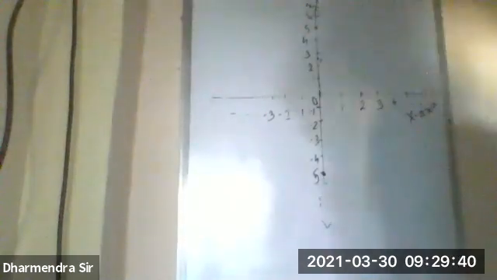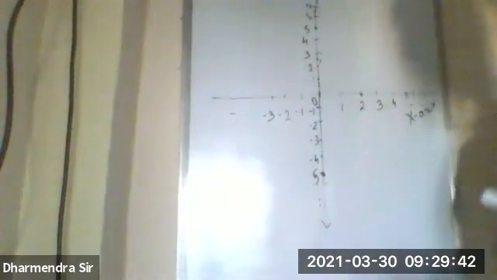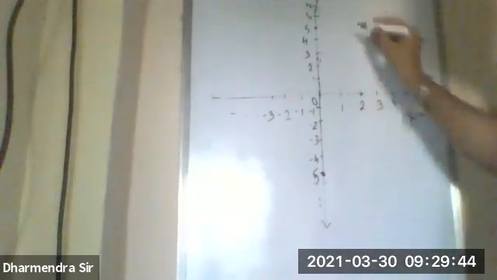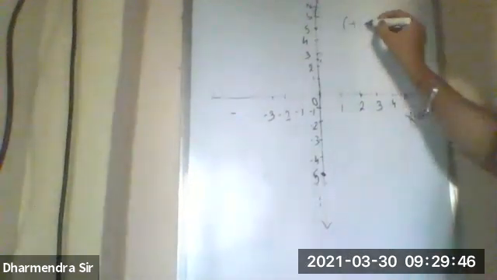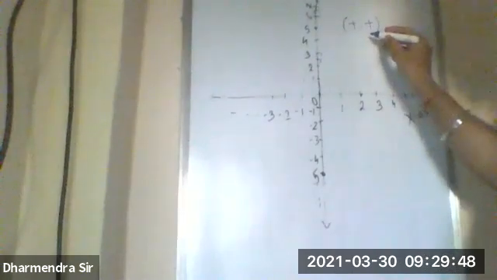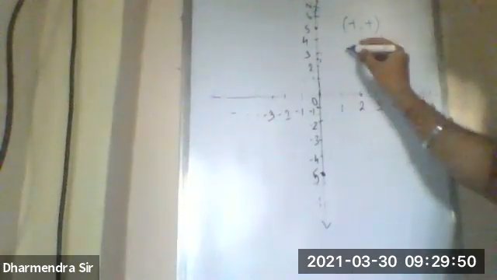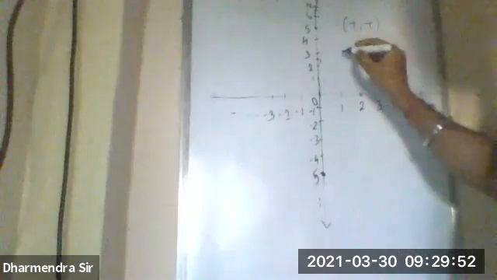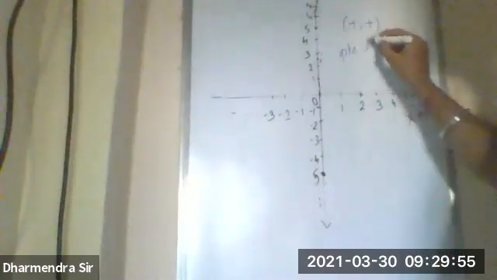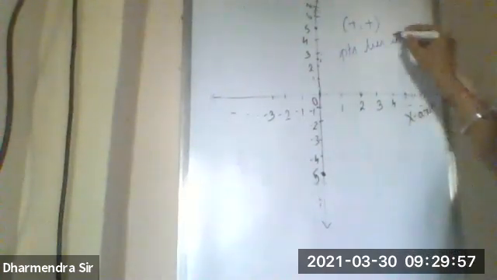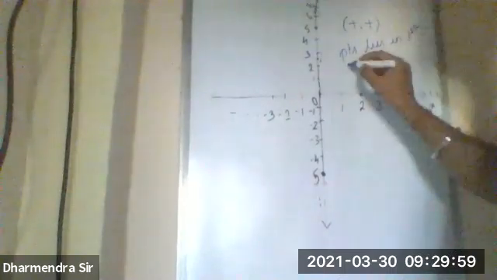Yeah, good. Whose both coordinates are positive, I've explained to you, both the coordinates are positive here. As you can see, both the coordinates are positive. So the point lies in the first quadrant.